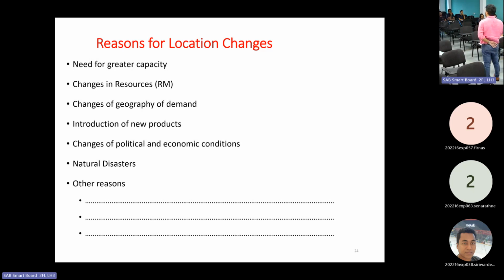Various different things may result in location change. In addition to that, there can be other reasons also. Can you guess one or two reasons, based on your experience, why businesses have to change the locations of their operations facilities?